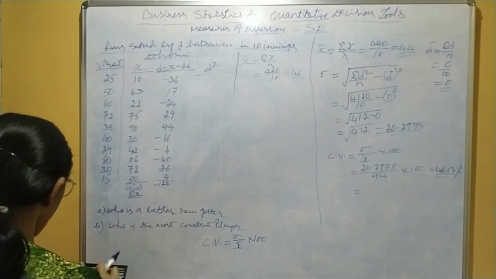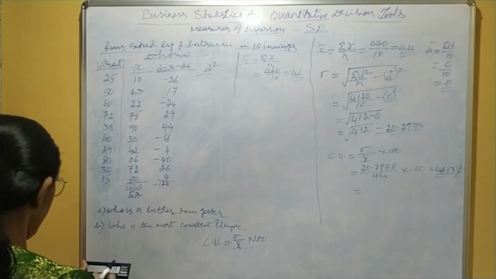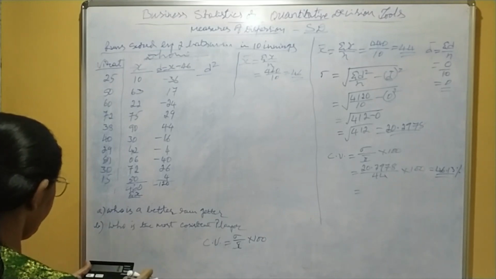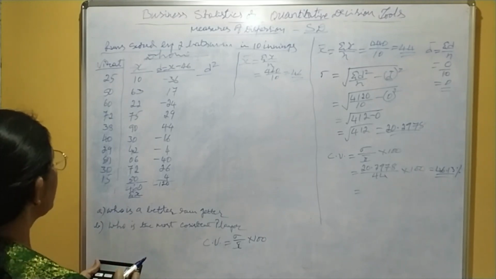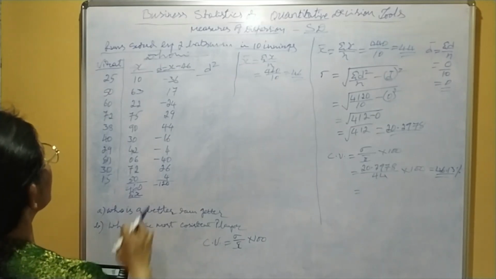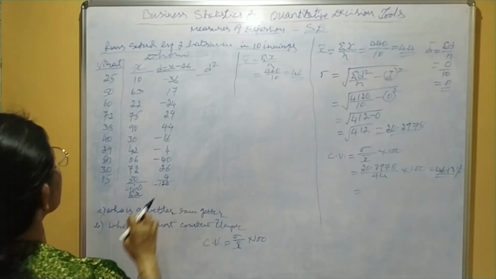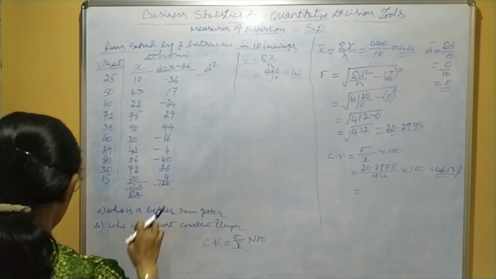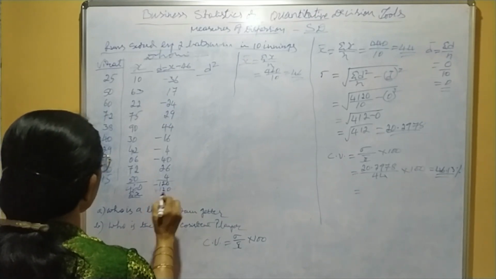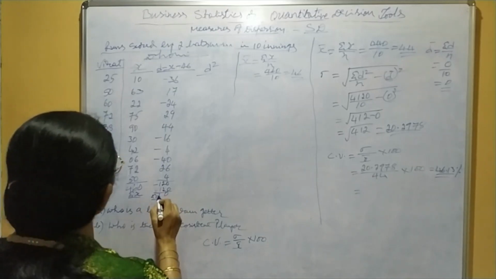Next if you take plus values, 17 plus 29 plus 44 plus 30, that is also 120. That is 0. Sigma d equals 0.